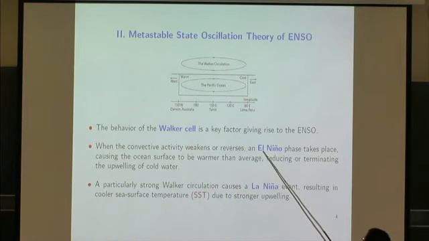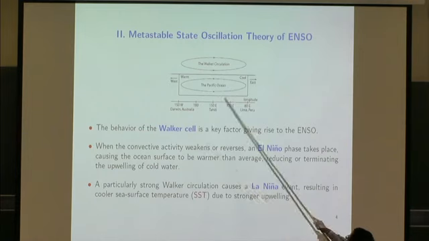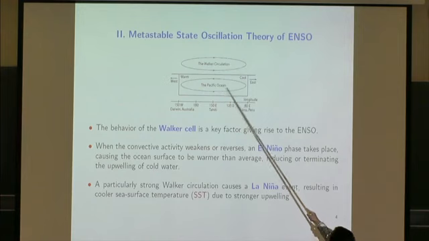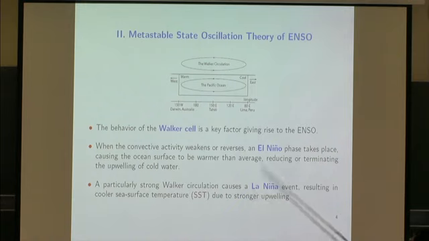What happens is that when this oceanic circulation gets weaker or reverses or transitions direction, you would see El Niño phase. Normally you have a normal phase, and if this circulation gets much stronger than normal, then you would see La Niña phase.